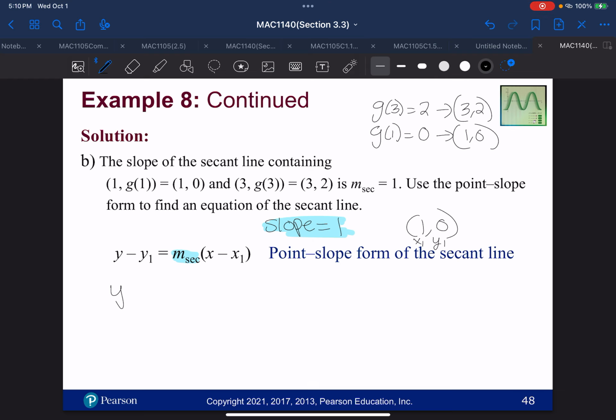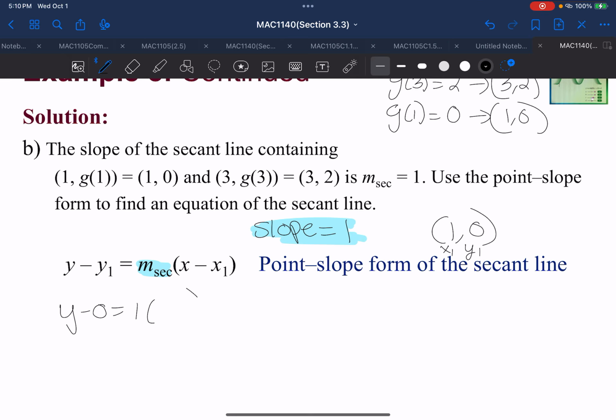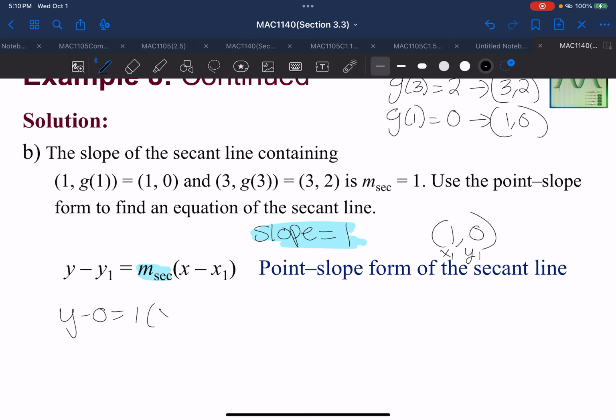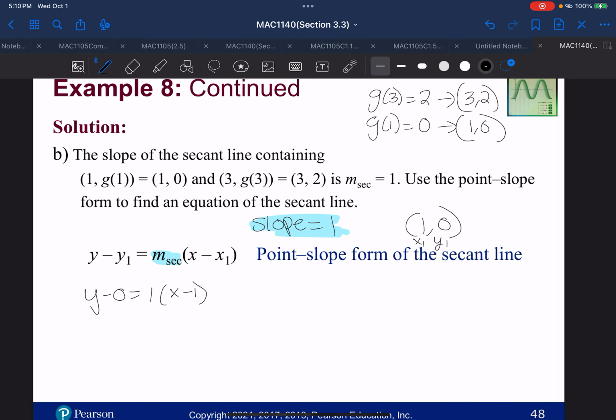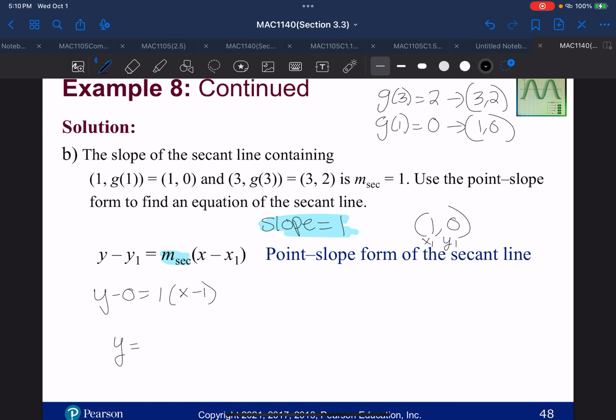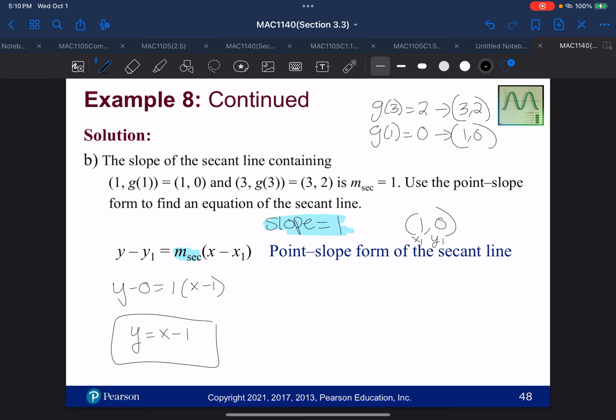So this would be y minus 0 equals 1 times x minus 1, which would just give us y is equal to x minus 1. And that would be the equation of the secant line that passes through those 2 points.